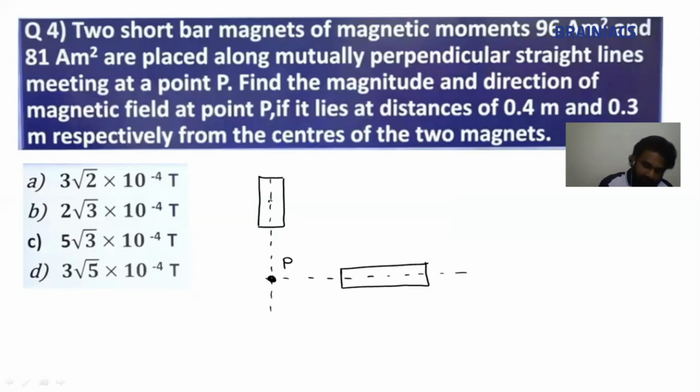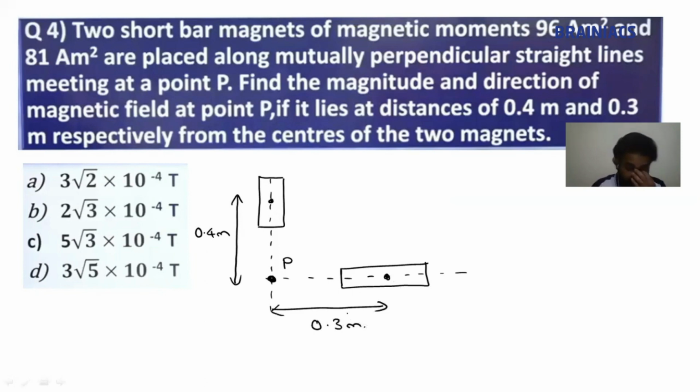Suppose we consider this as 0.4 meter, and this distance as 0.3 meter respectively from the centers of the two magnets. Now we need to find the magnetic field.